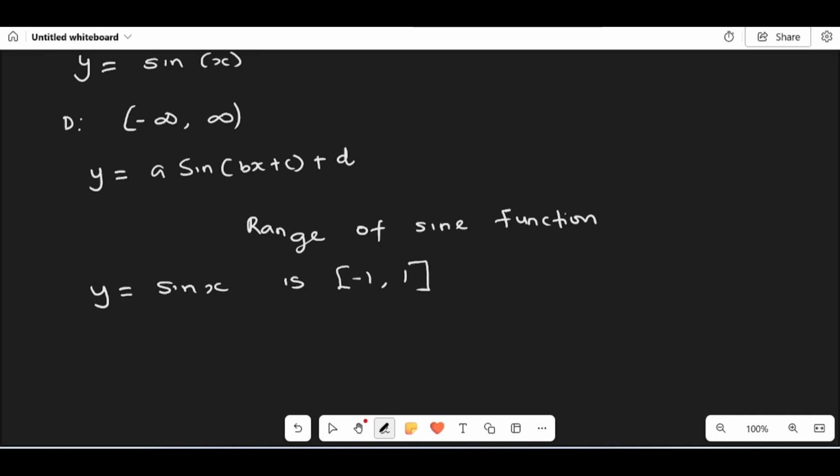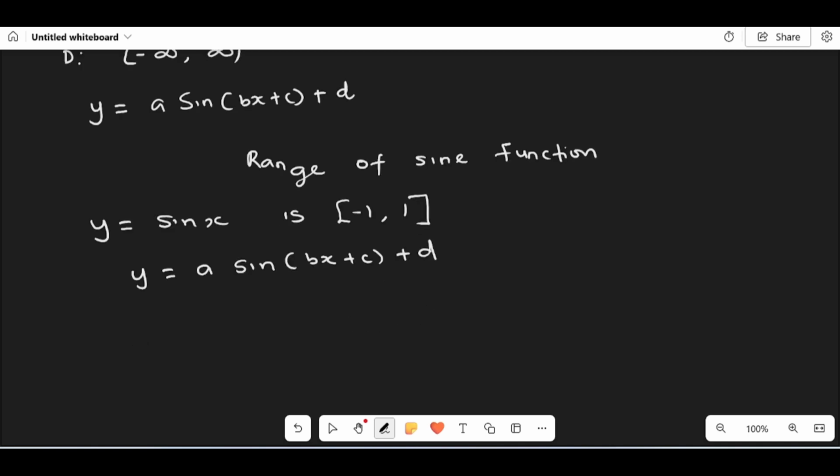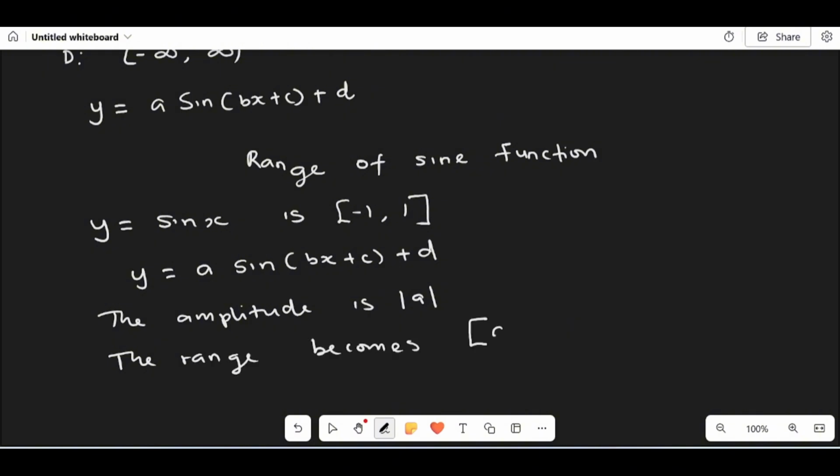For a general sine function, y equal to a sine (bx plus c) plus d, the amplitude of this sine function is absolute A. The range becomes [d minus absolute A, d plus absolute A].